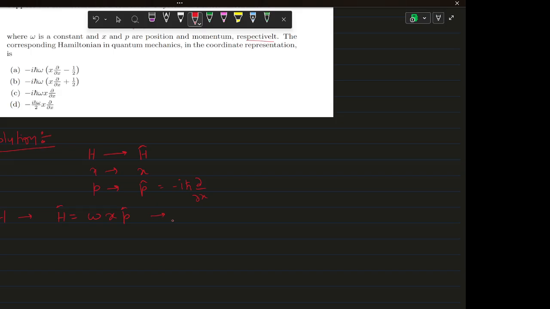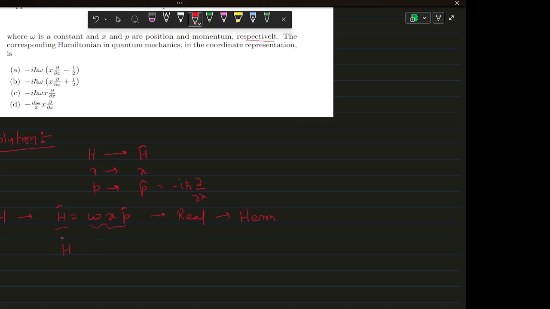The observable value should be real, so the operator should be Hermitian. So we have to check whether this form of Hamiltonian is Hermitian or not. So how can we do that?